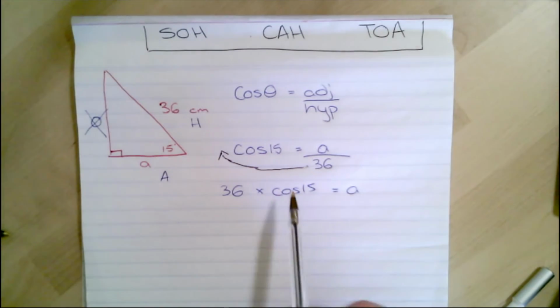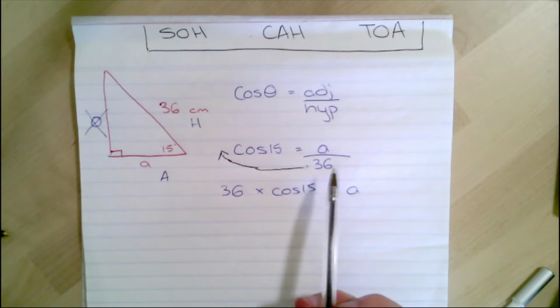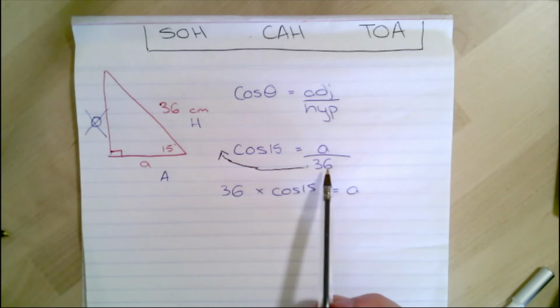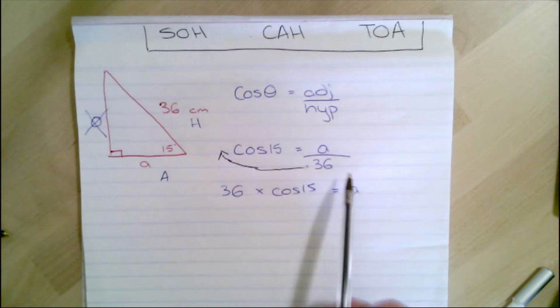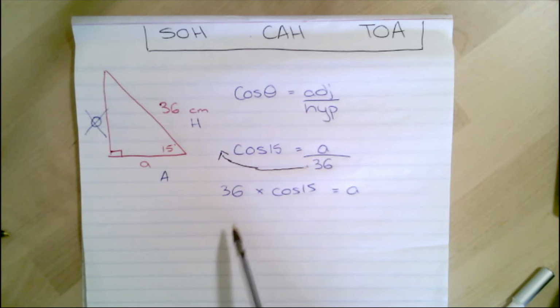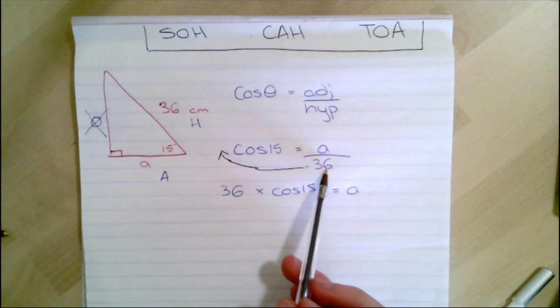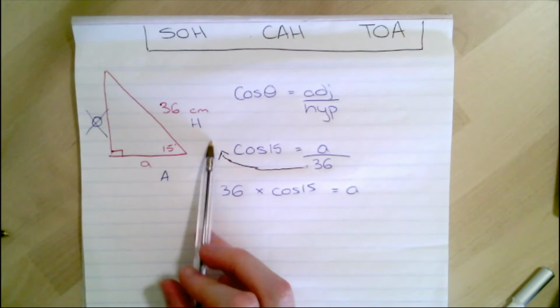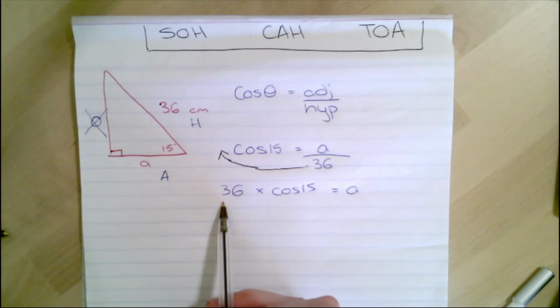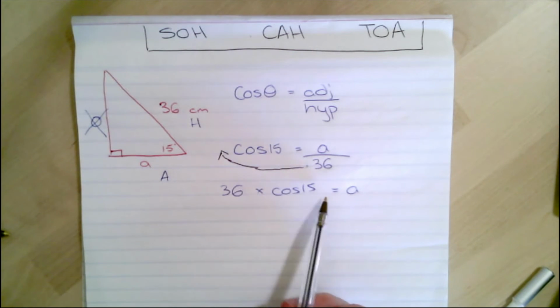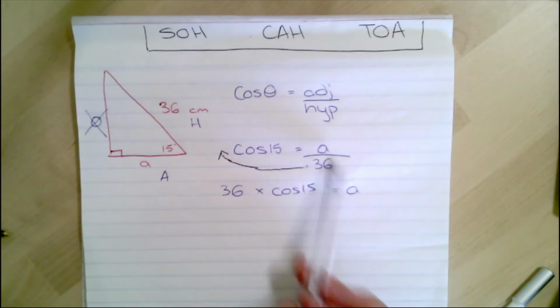Now there is a reason for this, and I'll go into that in a minute as to why I'm moving it. There is a mathematical way, but it takes a little longer, but this is just the fast version. So now I'm left with 36 at the front because I moved it from the bottom of this fraction all the way to the front. So now I've got 36 times cos 15, and that just leaves me with A on this side.